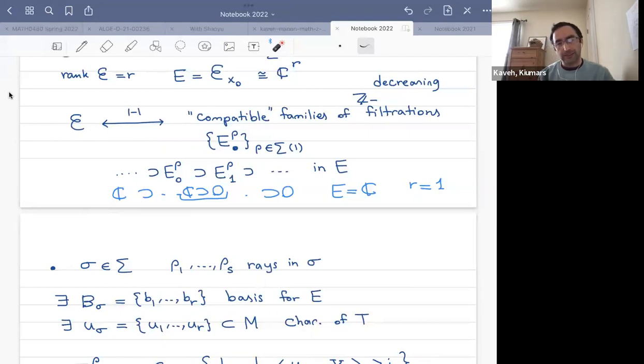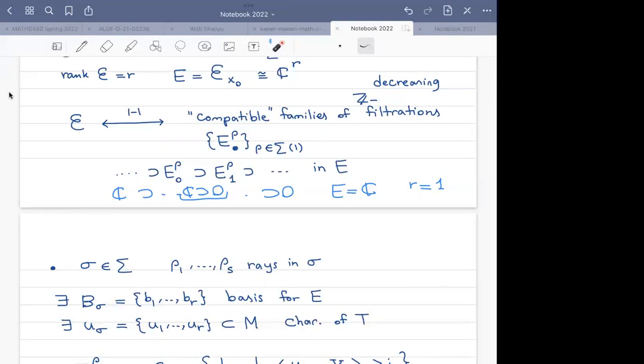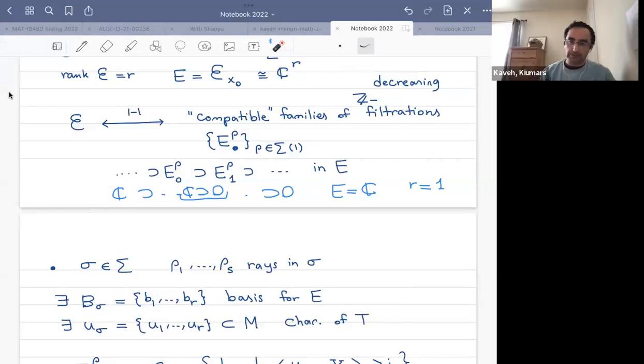I call it a labeled flag: a flag of subspaces and a number assigned to each subspace, which is increasing. The flag can contain any number of subspaces between 1 and R. It could be a partial flag or a complete flag, but of course, at most R subspaces.